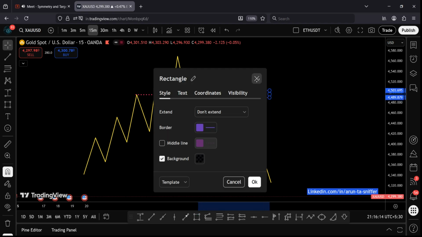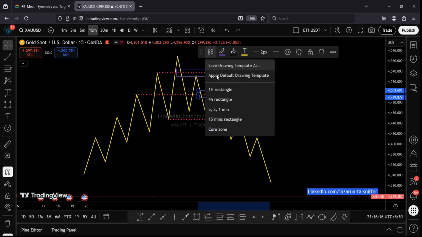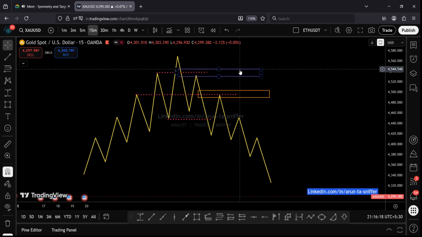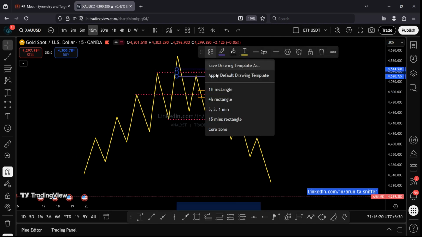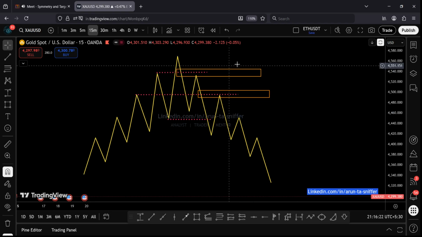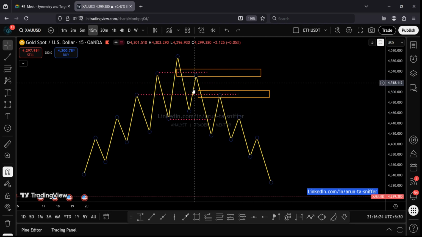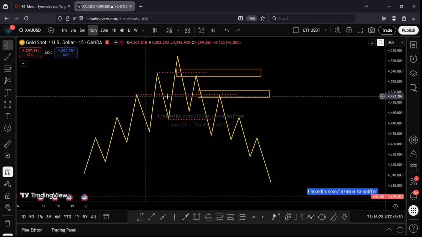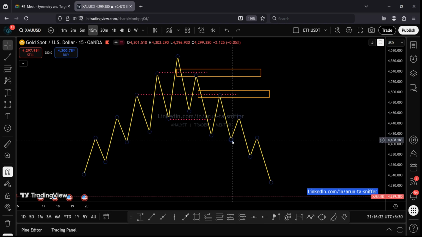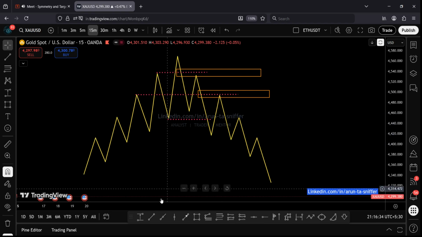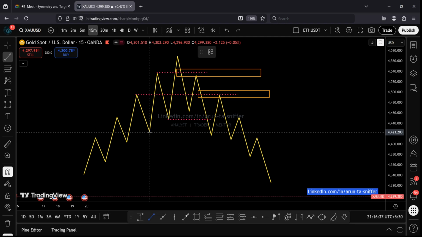Let's color this kink, it will be much better. So when price goes back to this kink, goes up, comes down, where is the safest target?